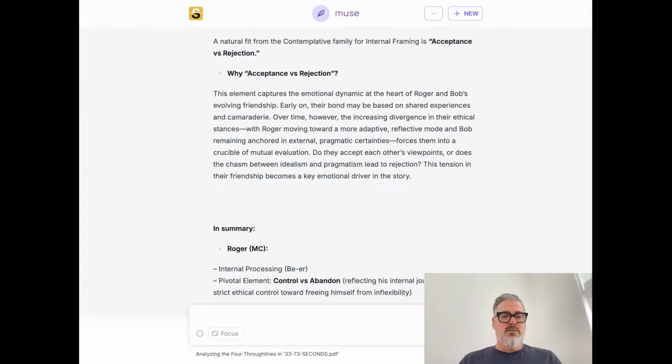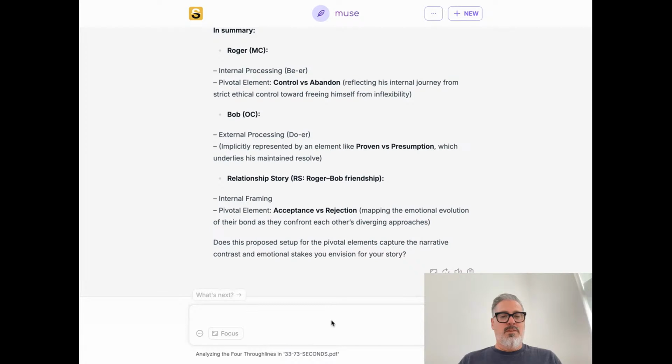No. I mean, you're showing that there are issues with the story for sure, but I wonder, let's try proven presumption, meaning, what's his name? Bob?